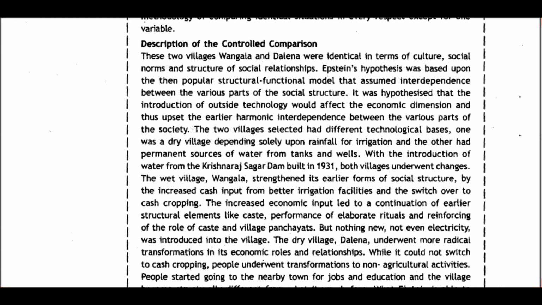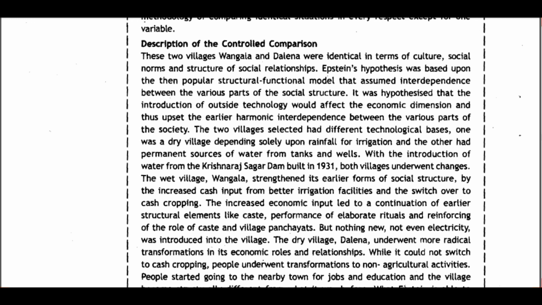The two villages selected had different technological biases, one a dry village depending solely upon rainfall for irrigation, and the other having permanent resources of water from tanks and wells. With the introduction of water from the Krishnasagar Dam built in 1931, both villages underwent changes.